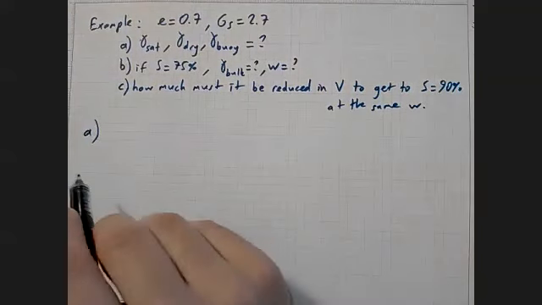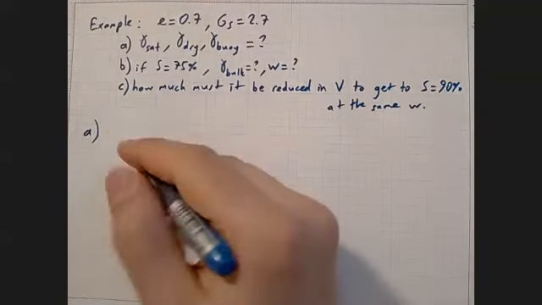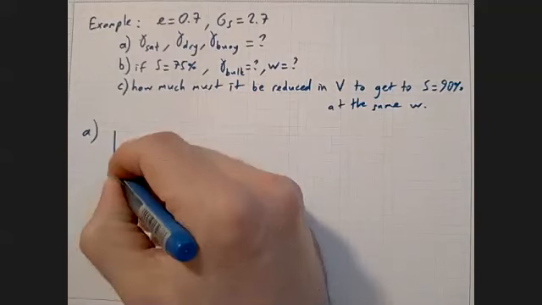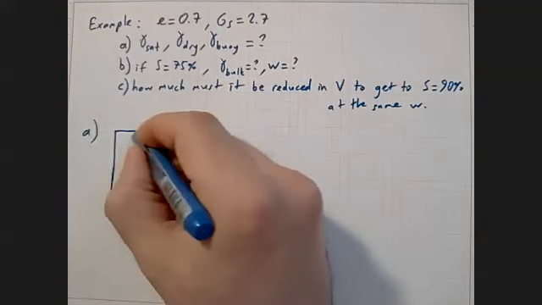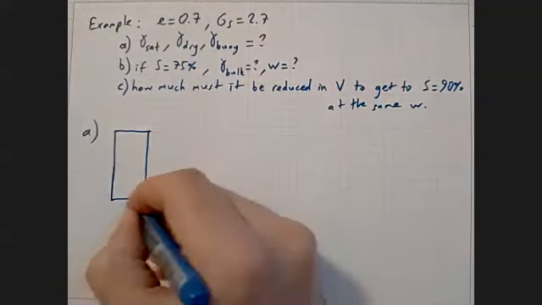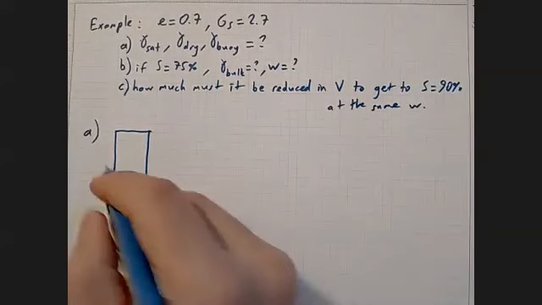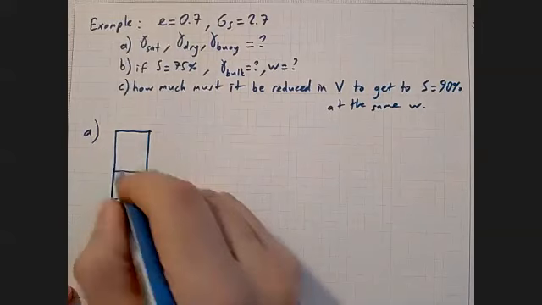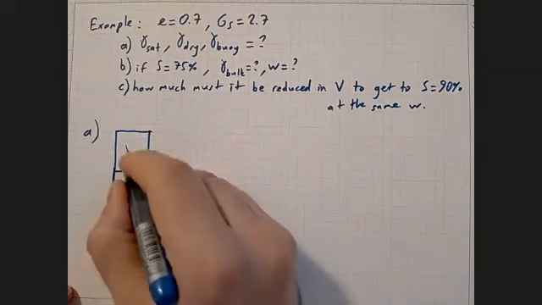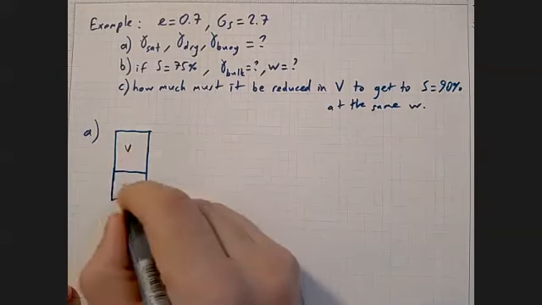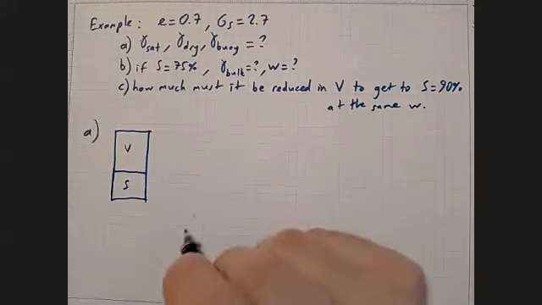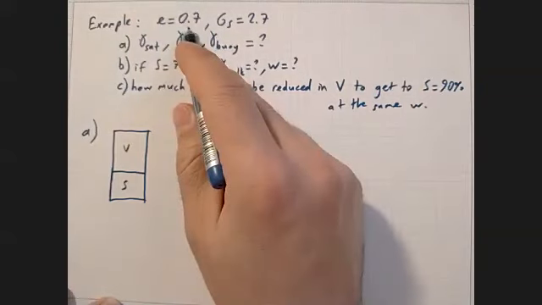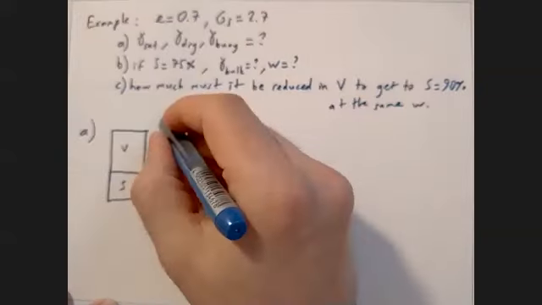Now, in order to aid us to think in this problem, let's draw a phase diagram. You don't have to draw this, but I think it helps the thought process. So here I have my voids, here I have my solids, and the question says your void ratio is 0.7.